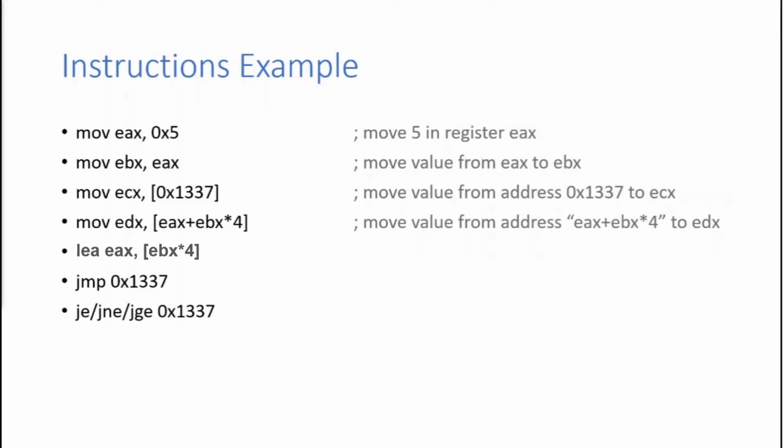To find out what this instruction does, the LEA abbreviation stands for Load Effective Address. It loads the address of the location referenced by the source operand to the destination operand.